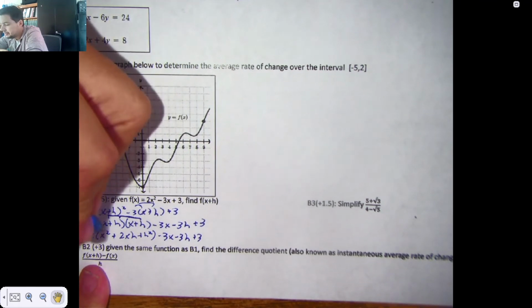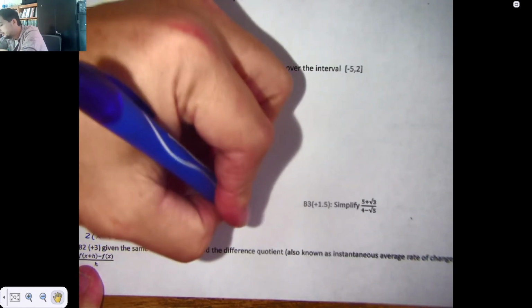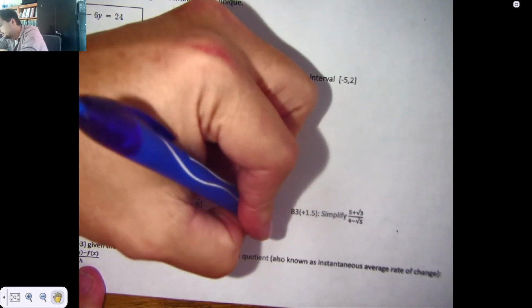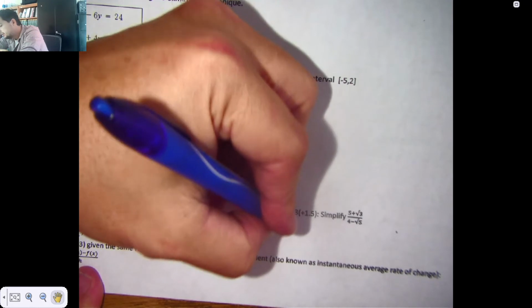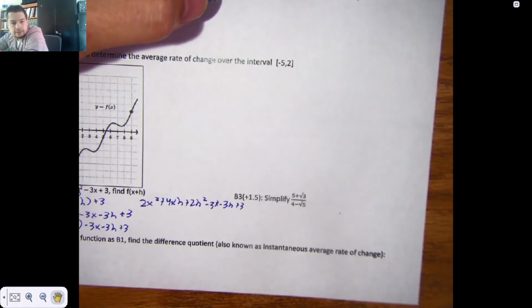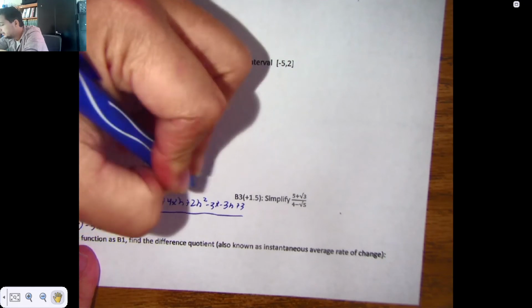I'm going to distribute this too. So that's 2x squared plus 4xh plus 2h squared minus 3x minus 3h plus 3. And there are no like terms there, so that's what it looks like. It's kind of ugly, if you would.